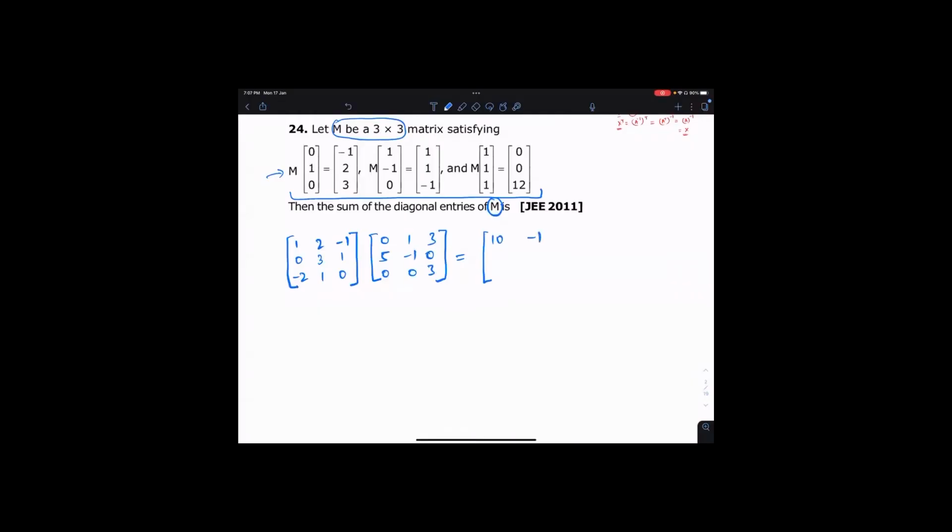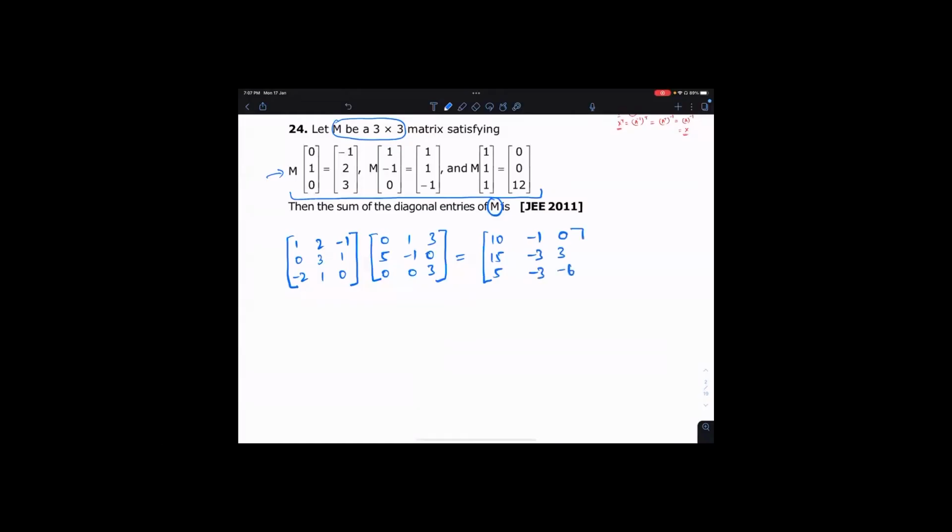Next, 3 plus 0 minus 3, 0. Next is 0, 15, 15. 0, minus 3. Next, this row and third column, 0, 0, 3. 5, minus 2, minus 1, minus 3, minus 6, 0.